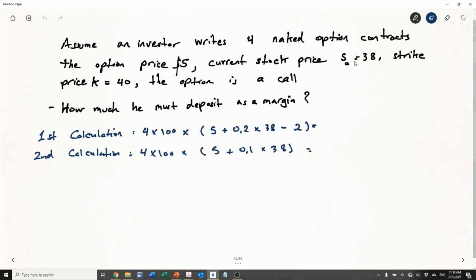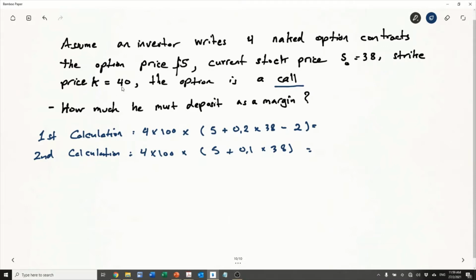Now, if the stock price is 38 and the strike price is 40, is the option in the money or out of the money? Remember, we are dealing with a call option. Yes, it is out of the money. Why? Because it doesn't make any sense for the long party to exercise, because the price of the stock is 38 while the strike price is 40.